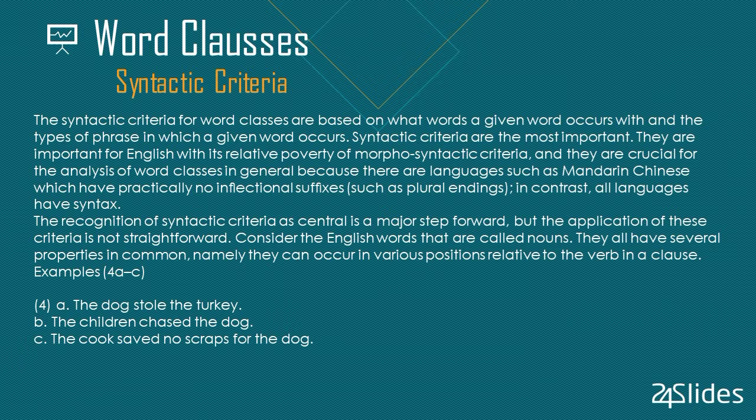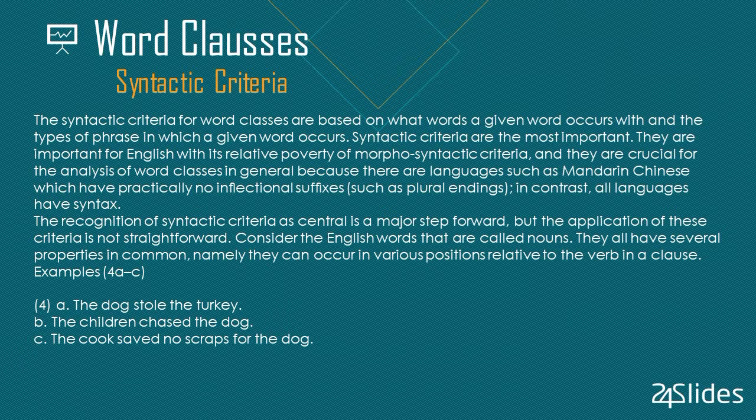They are important for English, with its relative poverty of morphosyntactic criteria, and they are crucial for the analysis of word classes in general, because there are languages such as Mandarin Chinese which have practically no inflectional suffixes, such as plural endings. In contrast, all languages have syntax. The recognition of syntactic criteria as central is a major step forward, but the application of these criteria is not straightforward.